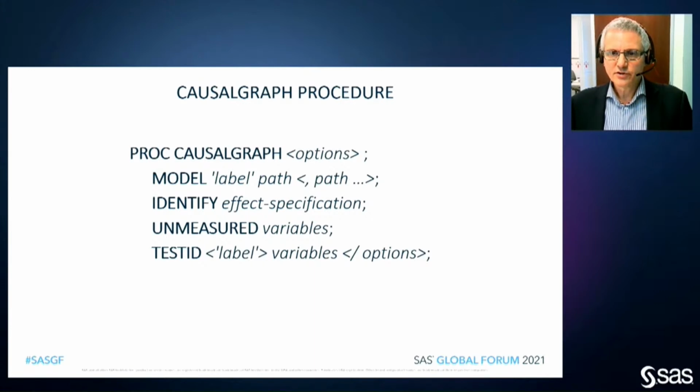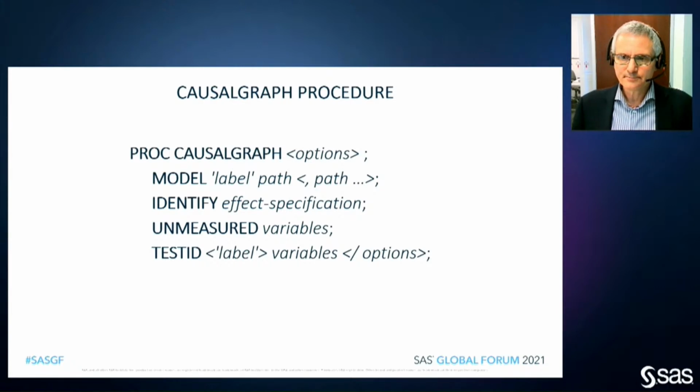The causal graph procedure in SAS/STAT software identifies nodes which must be or can be blocked to isolate a causal path of interest. When a causal path can be isolated, that is, all the confounding factors can be blocked, we say that the causal path has been identified. You specify your directed acyclic graph on the model statement.